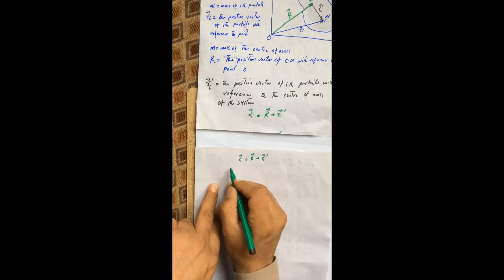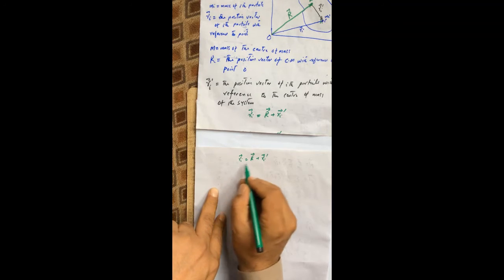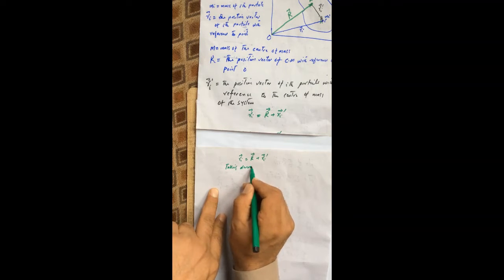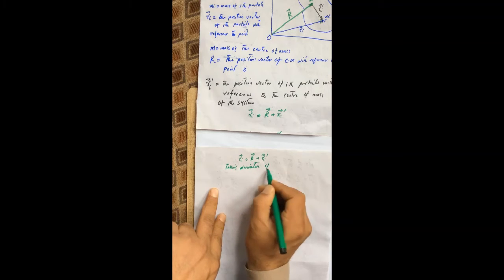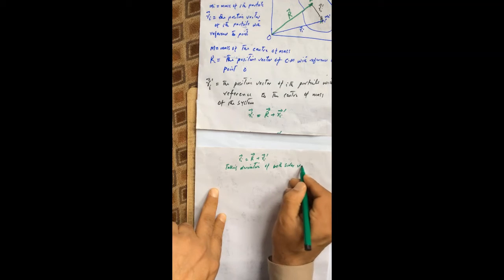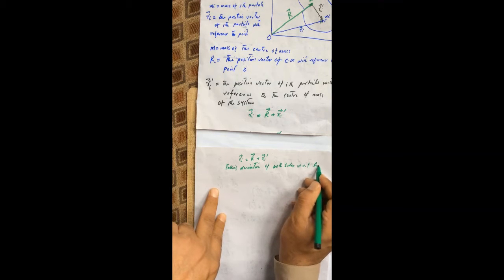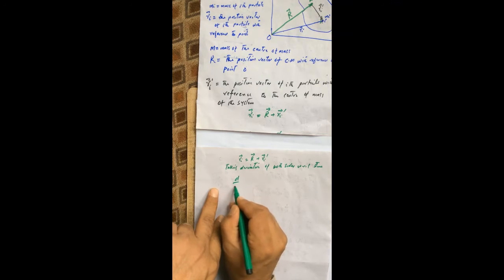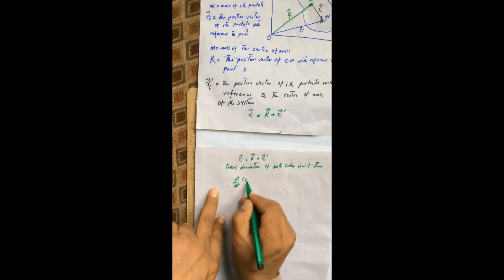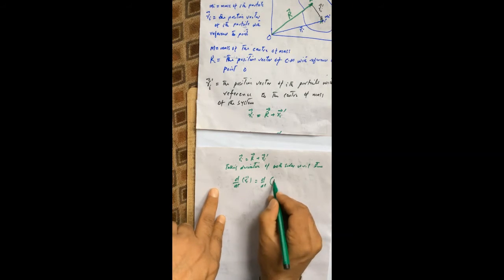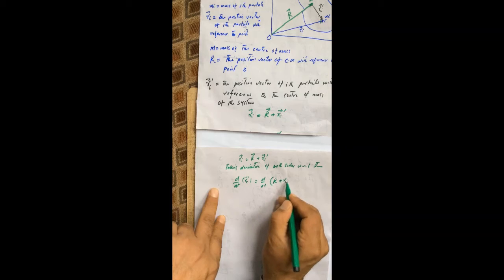Taking the derivative of both sides with respect to time, we have d over dt of this side, which is Ri, equal to d over dt of this side, which is R plus Ri prime.